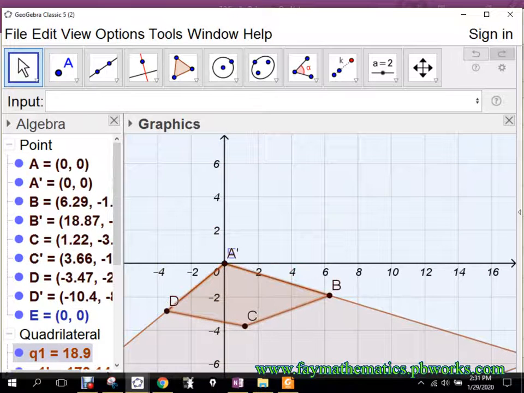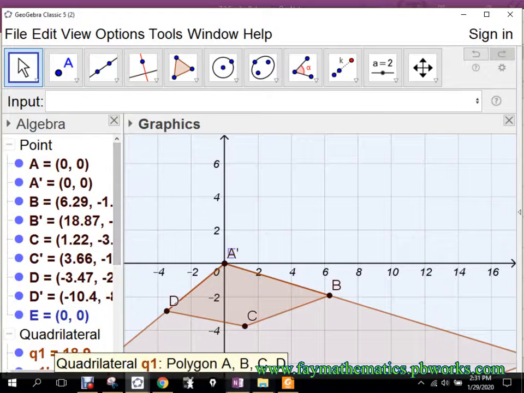So this was a feature, and I don't know how much time you would have spent in 7th, 8th grade actually recognizing that feature. But what happens is that when you dilate something, the angles stay congruent. Does that make sense? Now the side lengths are different, and they're different by a multiple of 3.